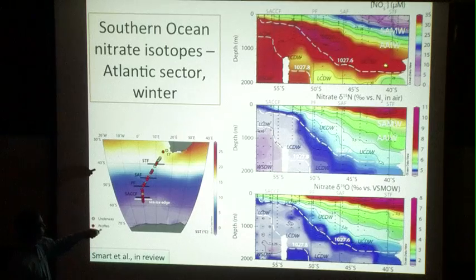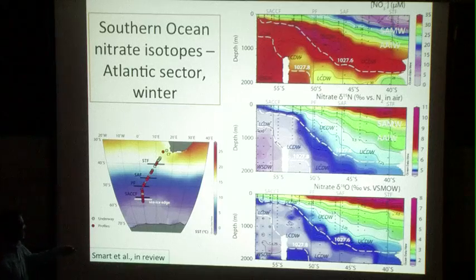If we just look at the gradient in nitrate delta N15, starting from upper circumpolar deep water upward relative to the nitrate concentration, everything makes perfect sense. So we're bringing up high nitrate water, only consuming a fraction of it, but we are consuming a fraction of it, and then subducting a lower nitrate concentration water in the form of Antarctic intermediate water and subantarctic mode water. So we're bringing up nitrate here, partially consuming it.